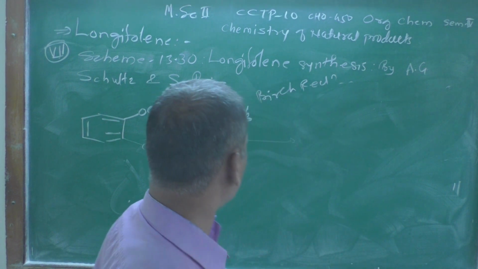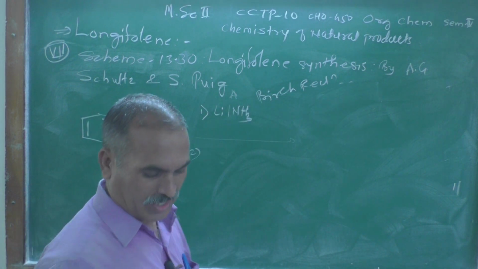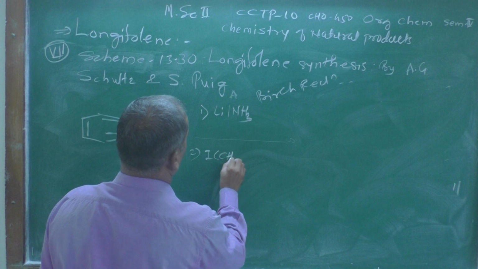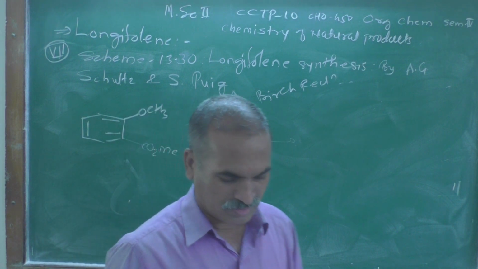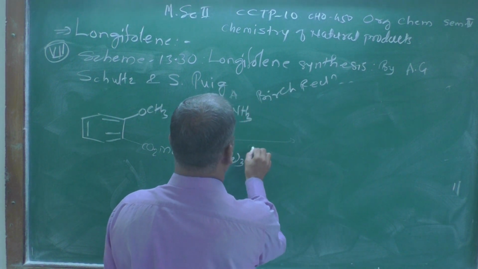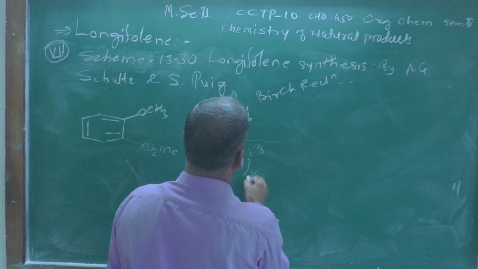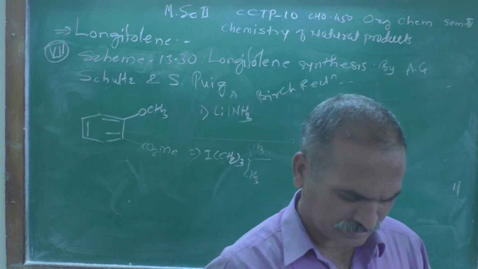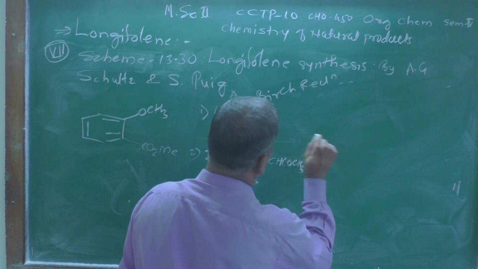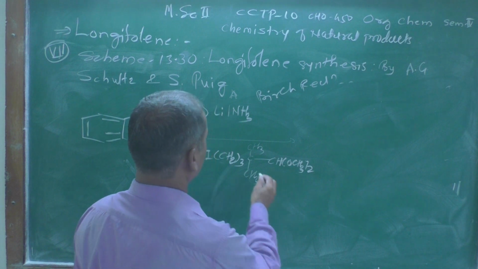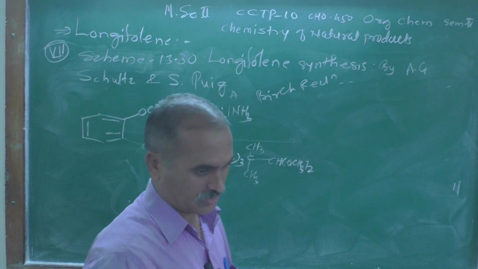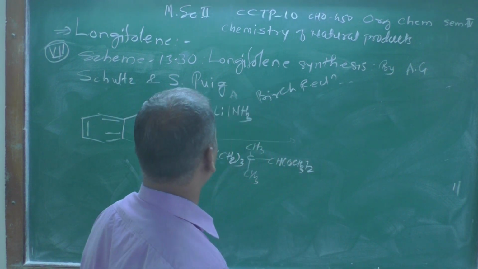Now the second reagent they have used is iodine, then here CH2 thrice, then CH3, then CH3, then next one will be CH, then O, CH3 twice. That is the reagent they have used over here. Here CH3 and CH3, that is the group they have used.